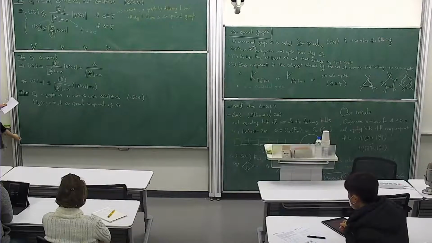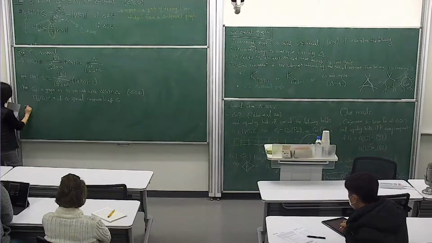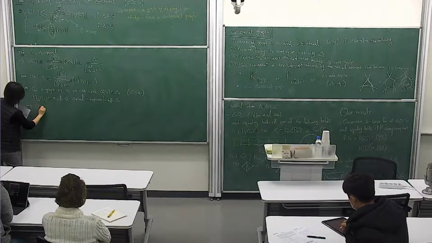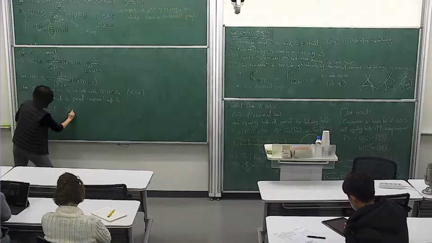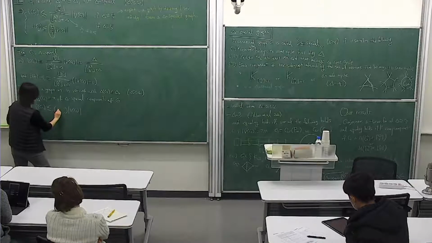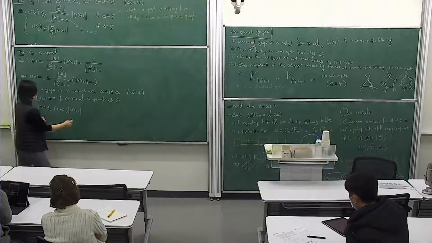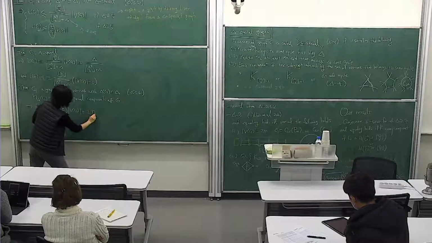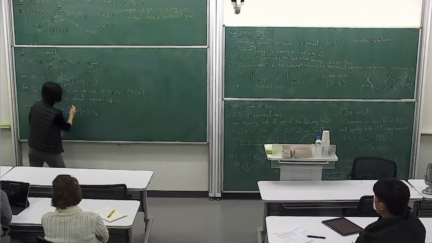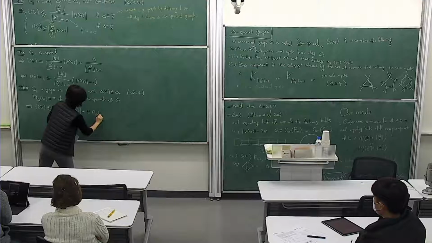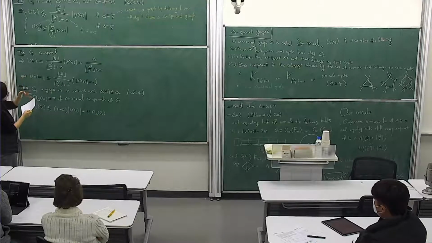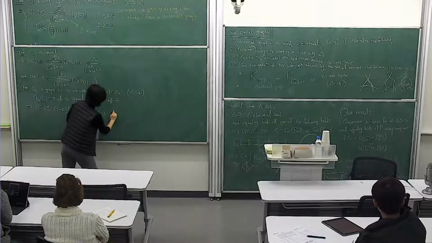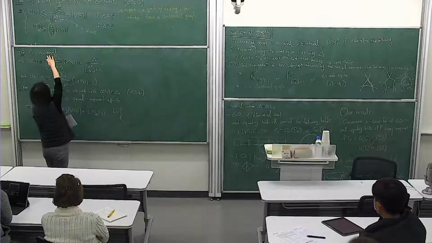Then what we want to prove is that I(G) is bounded by some constant times the number of vertices, plus T times this number of regular components, where T exactly corresponds to these two numbers.